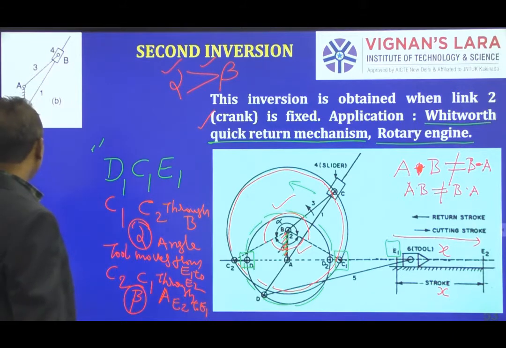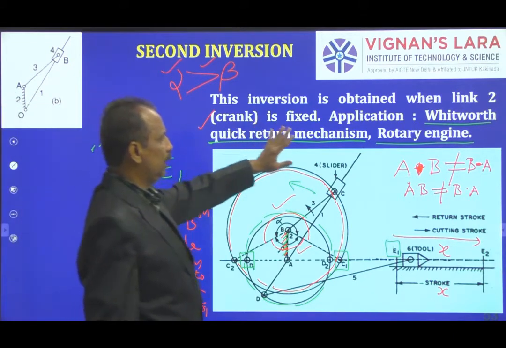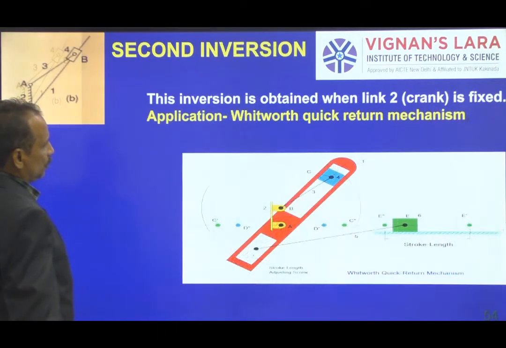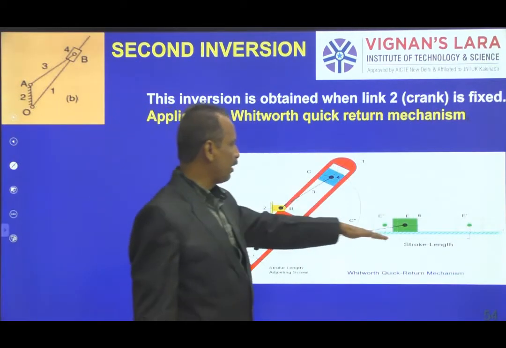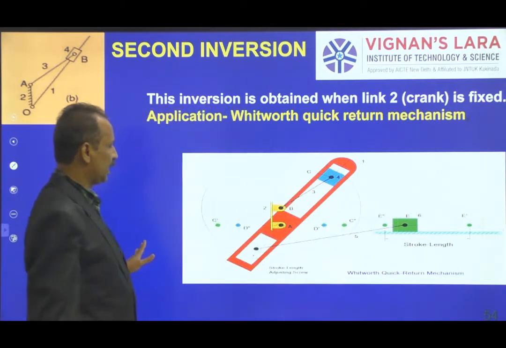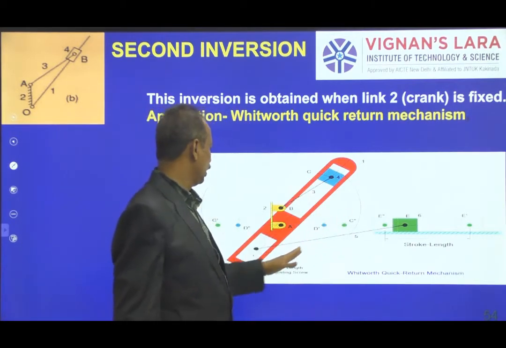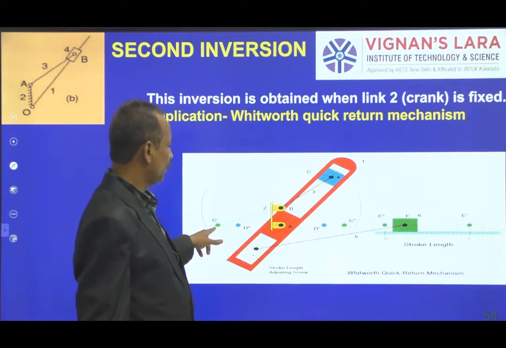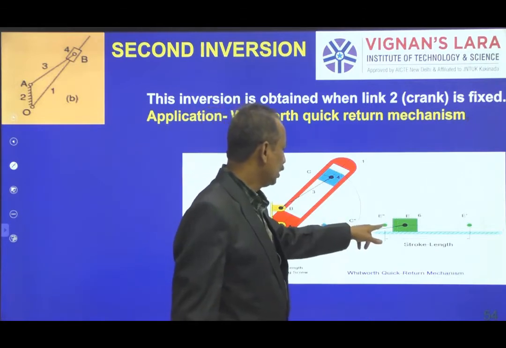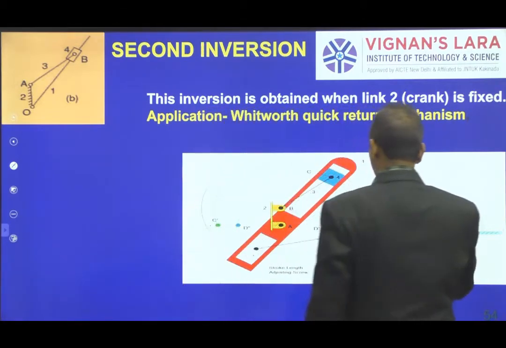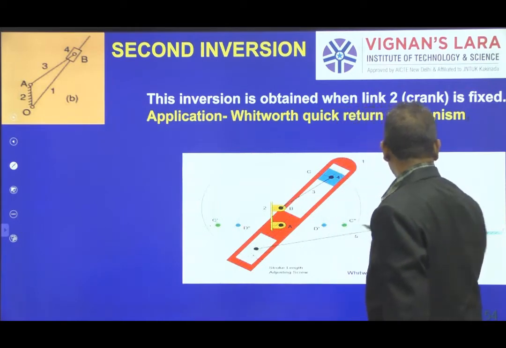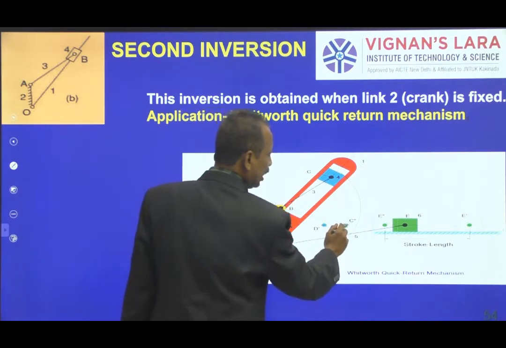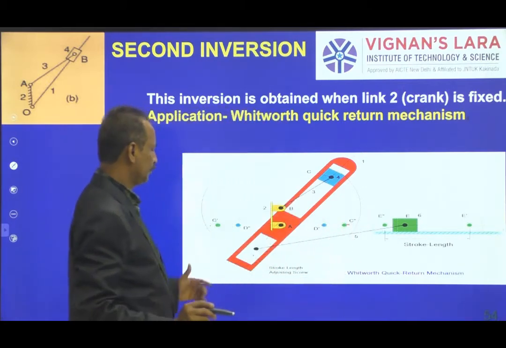Now let us see what a rotary engine is and how we can apply this mechanism there. Whatever I have explained with different colors is also shown here: the same diagram with C dash, D dash and E dash, and D double dash, C double dash and E double dash.